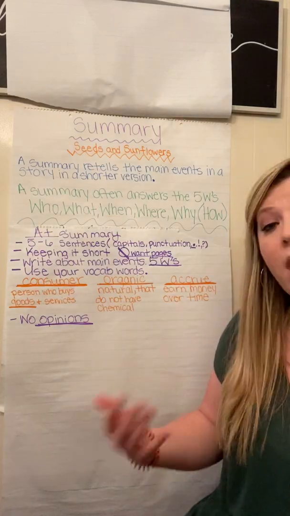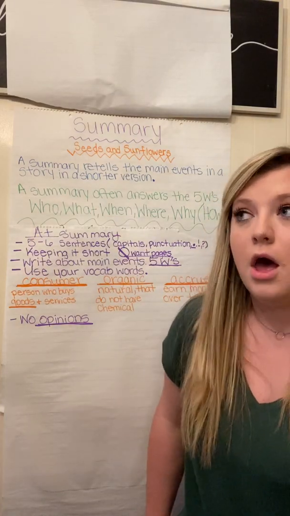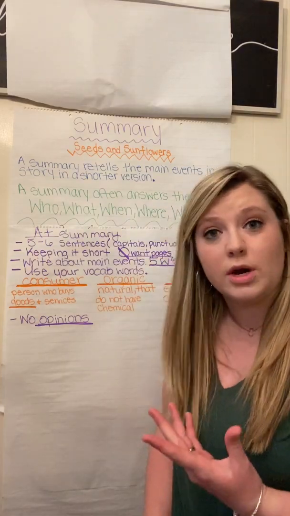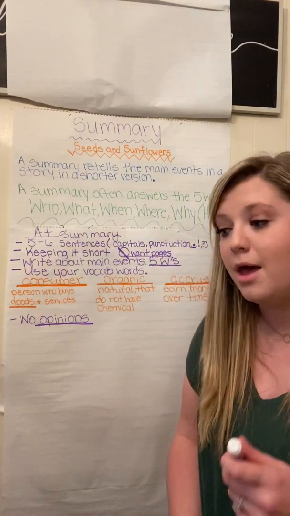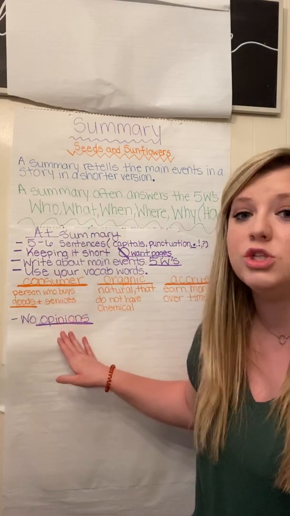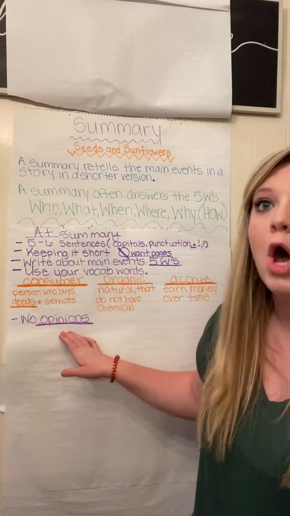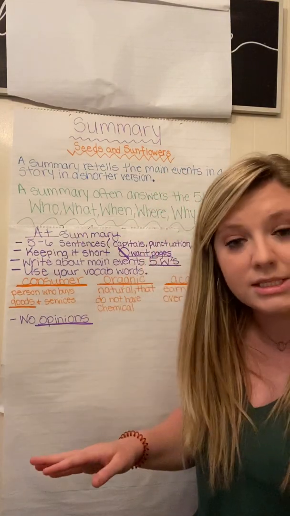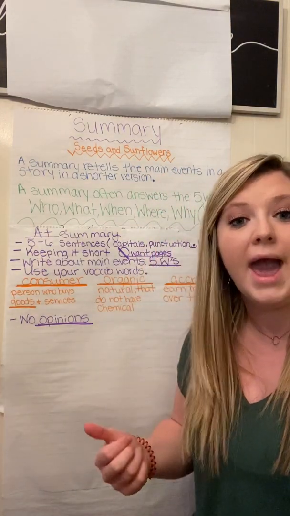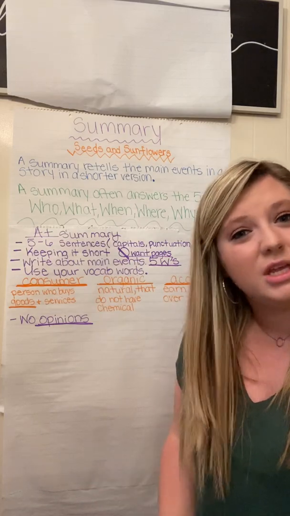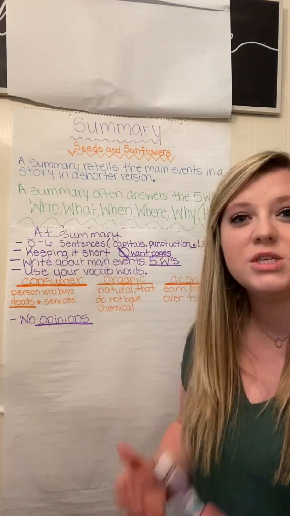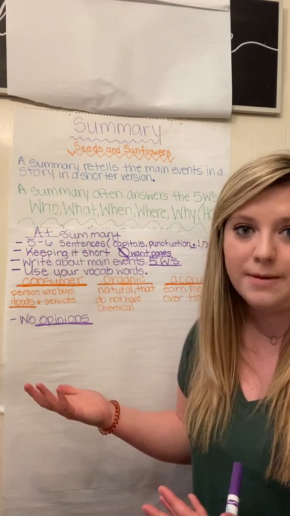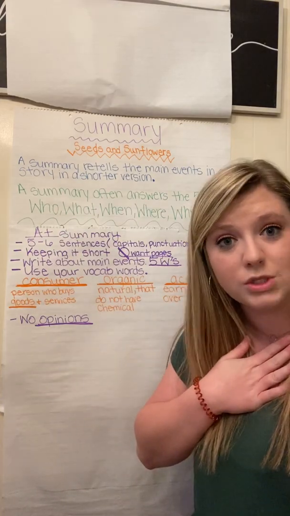I asked you what your opinion was, and wanted you to tell me what you think would have happened at the end of the story. Now, yesterday I asked you for that, but in our summaries, we do not want to put our opinions. We only want to add main events, main details, main facts, and what actually happened in the story. We don't really want to add our opinion in there, just because we're telling a summary from a different story. We're not writing our own story.